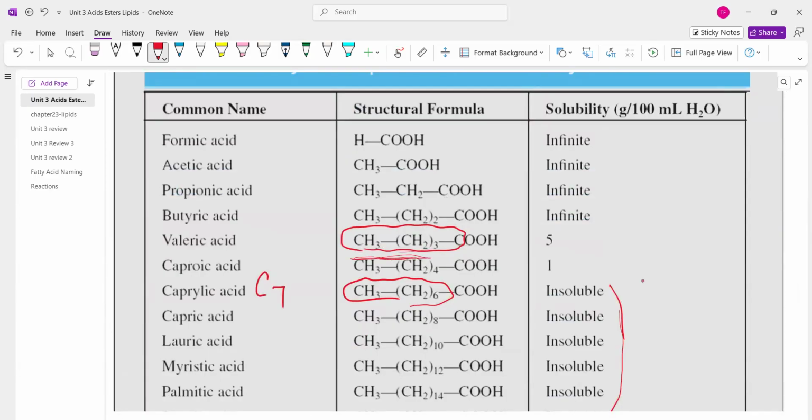The LDFs in the nonpolar backbones add up such that they can overcome the extremely polar acidic end. And again, carbon 7 is always the key. So carbon 7 and above are insoluble, even though the acid group is very, very polar.